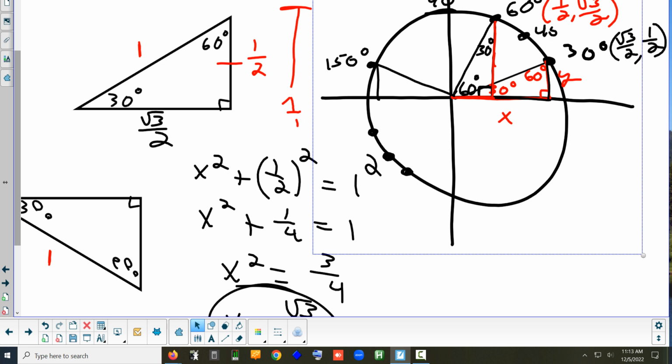This would be 45. 60 and 45 are only 15 apart. 45 and 30 are only 15 apart. So the next one would be right here. That would be 15, and that would be 75. If we did the 15 and the 75, then you would have points that are all equally spaced. But we kind of have 3 points that are grouped in the center of the quadrant. And that's the only ones we're going to do for now.